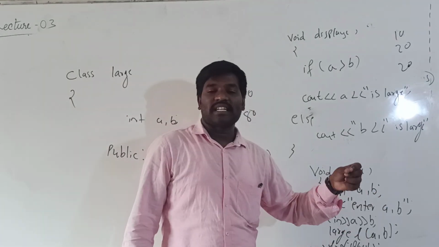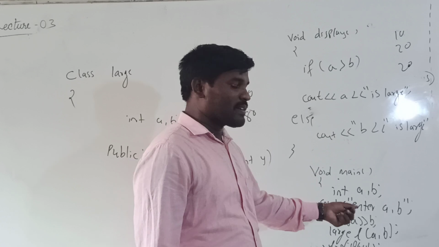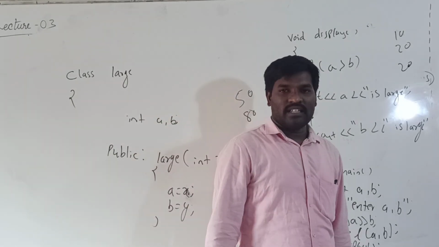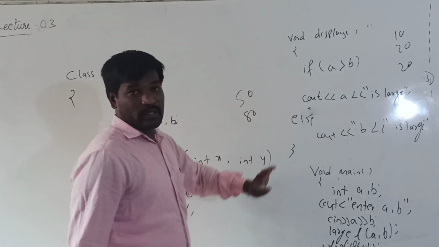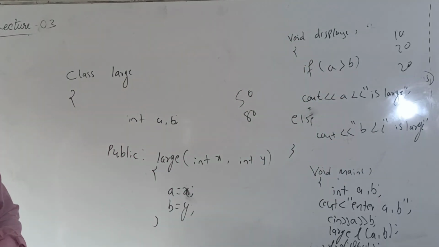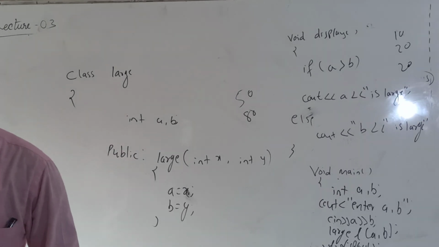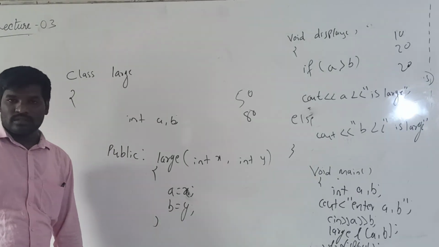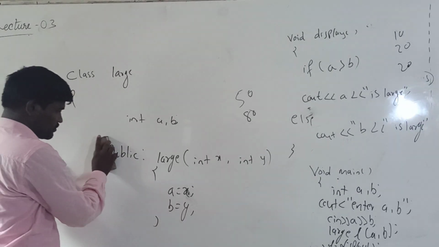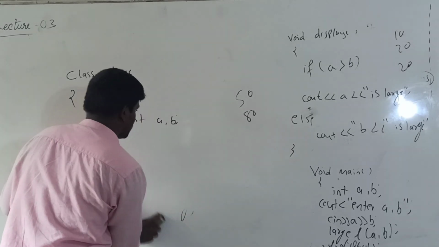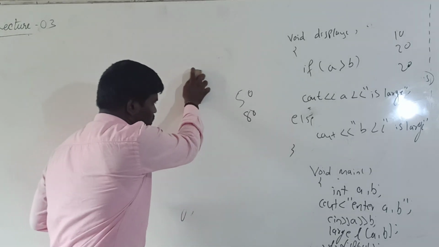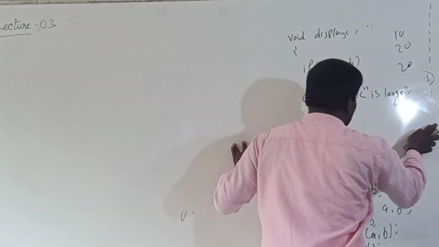At the time of creating the object, you have to mention a and b instead of writing the direct values, and finally you have to call the particular function. So there are n number of examples. At least you can practice 2 to 3 examples, then you will get the complete idea.